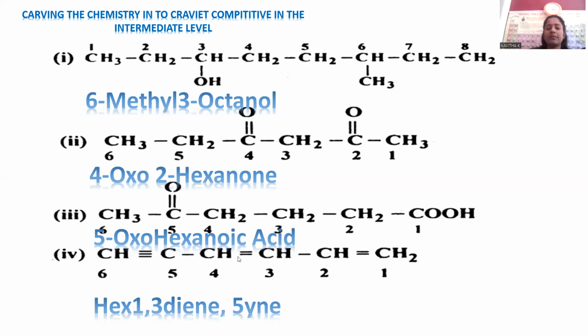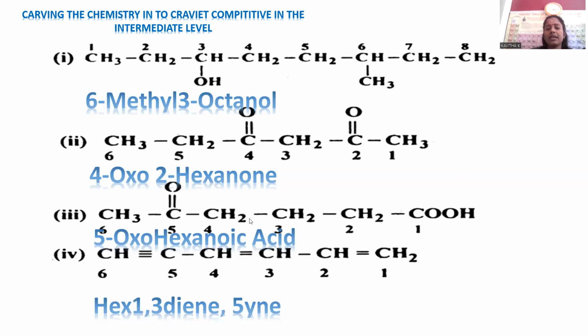So with 6 carbons, we can assign hexanoic acid. We need not mention the first carbon number over here. So 1-hexanoic acid is not required, because wherever a carboxylic acid is there, we have to start numbering from it. That's why there is no need to give a number for the carboxylic acid.